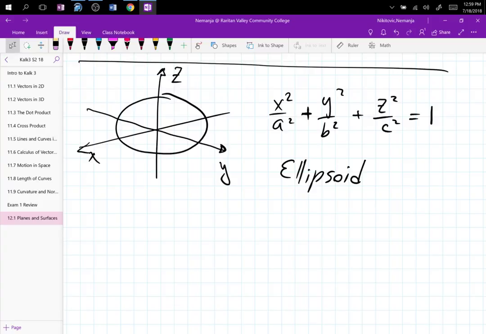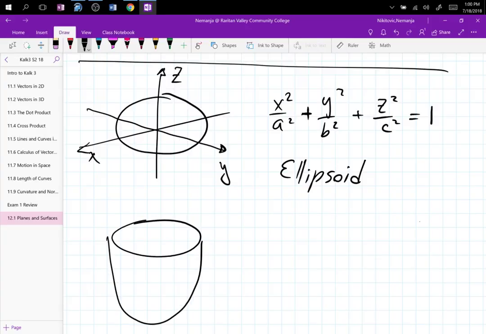So why is it called an elliptical paraboloid? Because if you cut with horizontal planes, you get these ellipses or circles. And if you cut them vertically in any way, you get parabolas. So elliptical paraboloid. Anything that looks like a cup, whether it's upside down or whatever, is going to be an elliptical paraboloid.